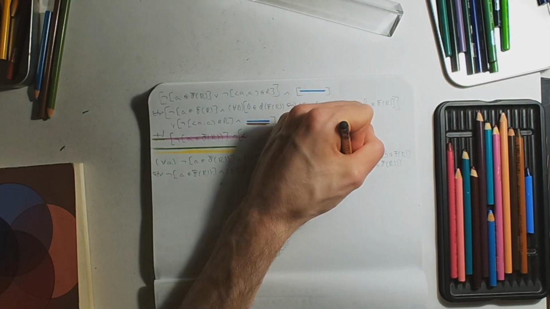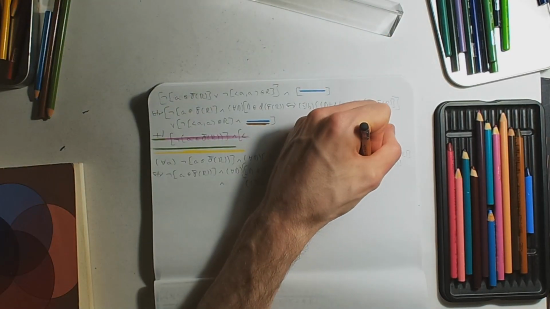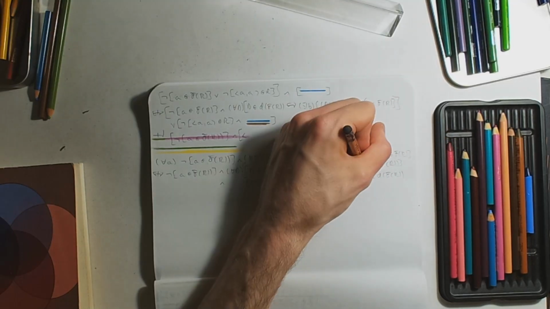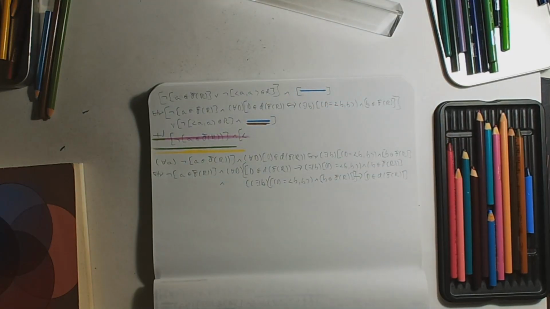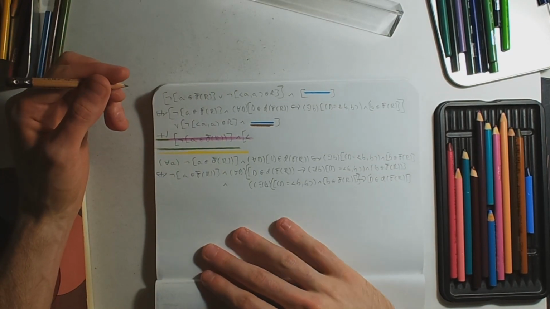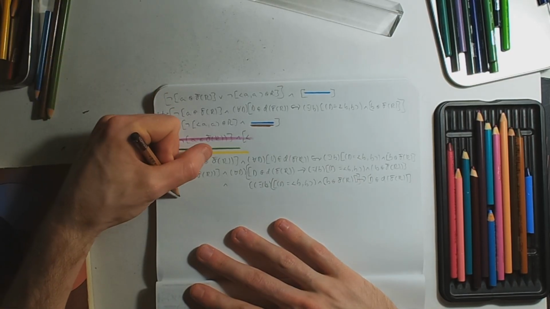Okay, let's see. Then D is an element of the identity of the field of R. Now what is the idea? Well, now we take the conditional equivalence. Horrible bit of logic here.